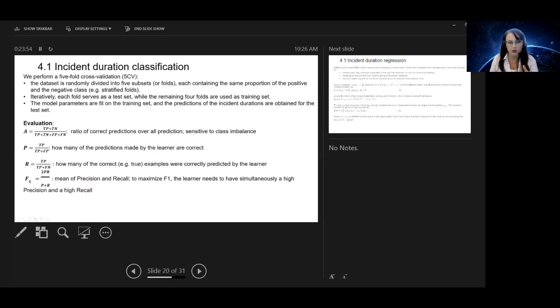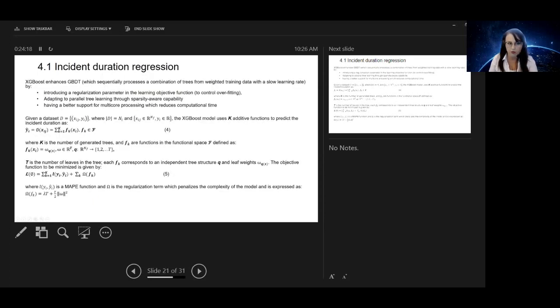We fitted the parameters of the models on the training set, and then the prediction we have done on the test set. For evaluating, we have used accuracy, precision, recall and F1. These are based on the true positive and true negative values. The most important, I would say, is the F1 score, simply because it's a combination of precision and recall and shows best how your model is performing.